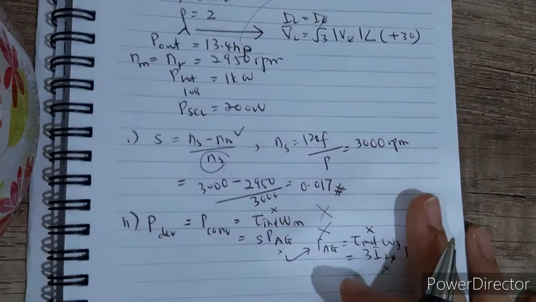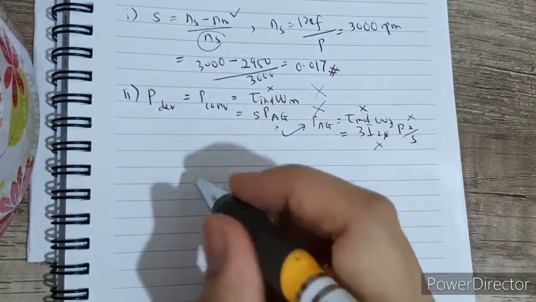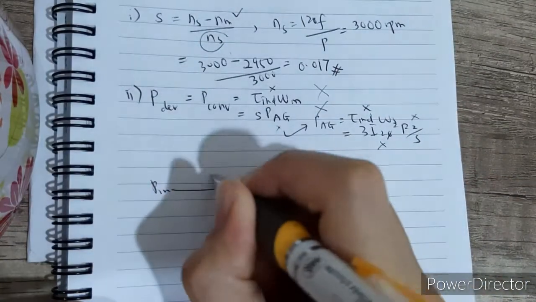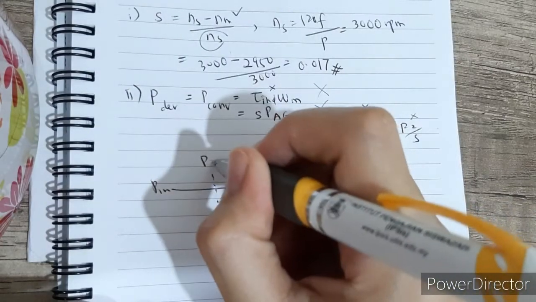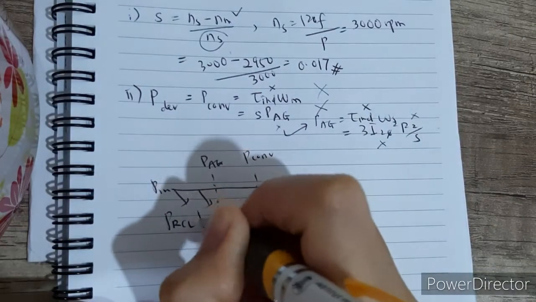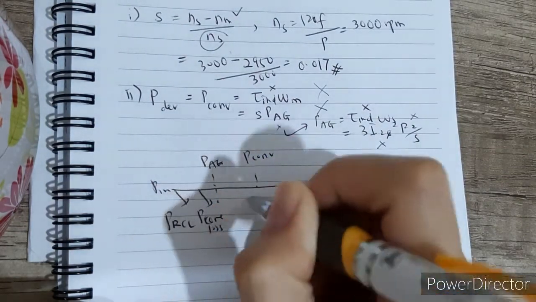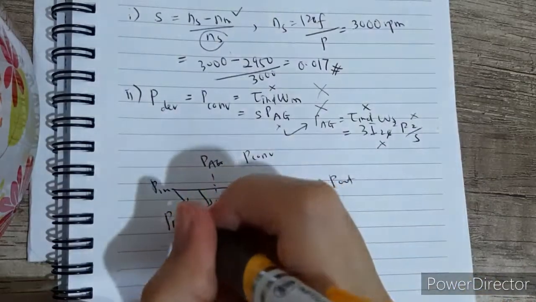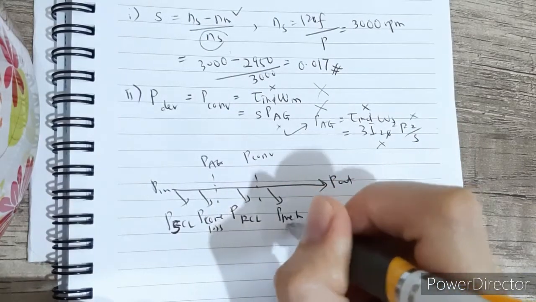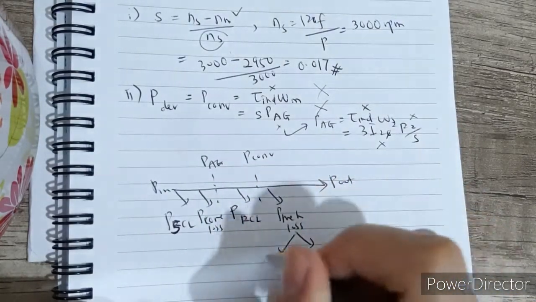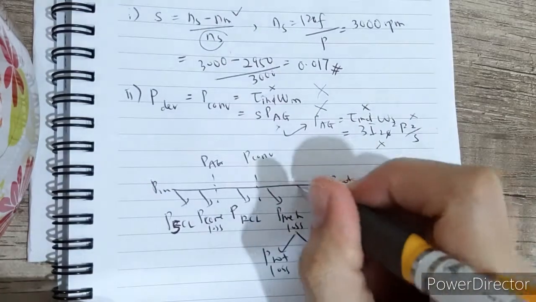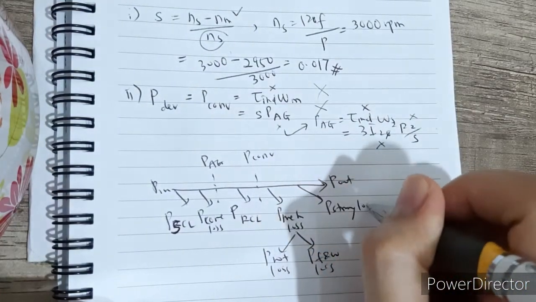So we are left with no choice but to use the power flow diagram. Sketch your power flow diagram: P converted, PRCL, P core loss, PSCL, PRCL, P mechanical loss, which is divided into 2, P rotational loss and P friction and windage loss, and lastly P stray loss.